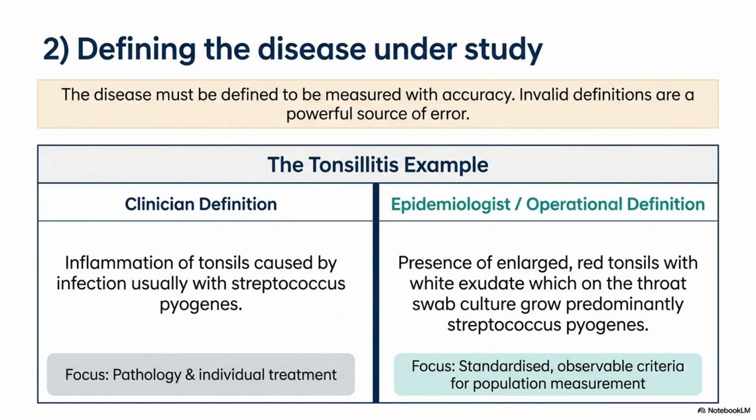If the person follows all these criteria, then only we will categorize them as a diseased person. So this is defining the disease under study with the help of an epidemiologic or operational definition.